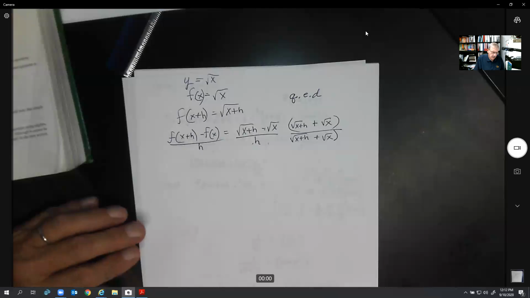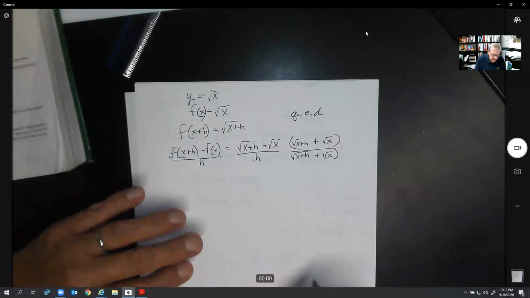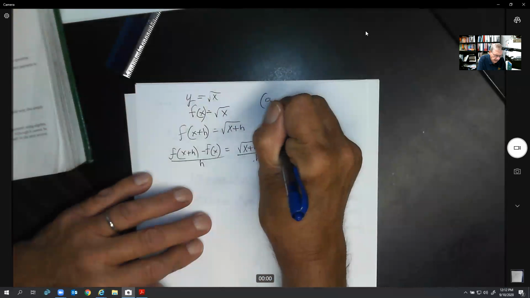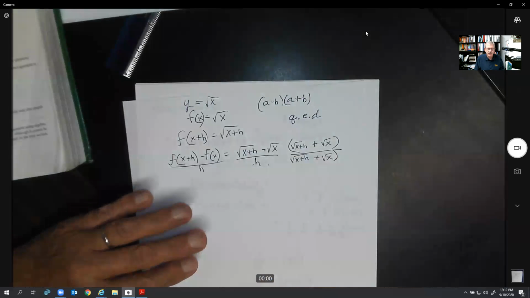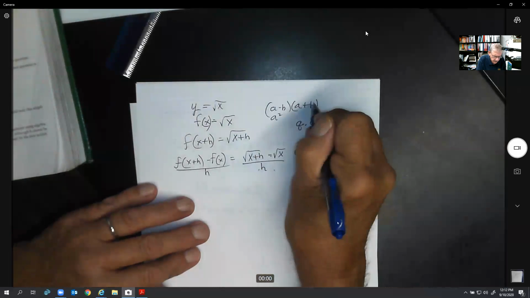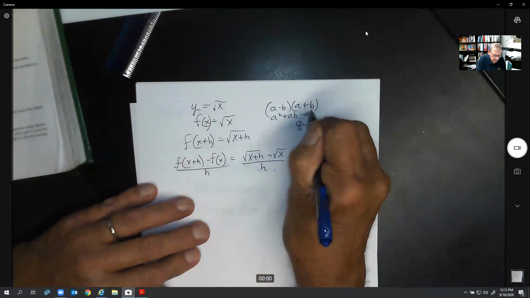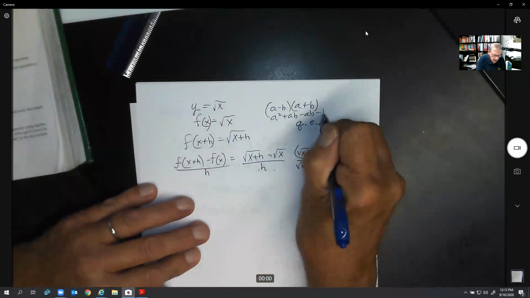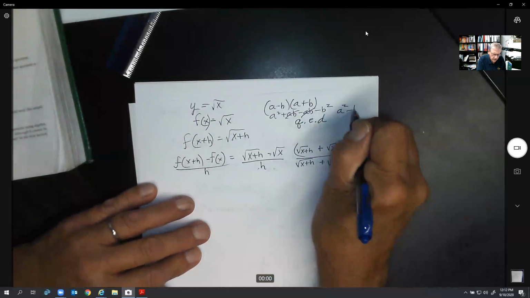Now, do you remember your difference of squares? Let's look at this problem as a minus b times a plus b. You remember seeing that? A squared, plus ab, minus ab, minus b squared. These cancel out, and you get a squared minus b squared.